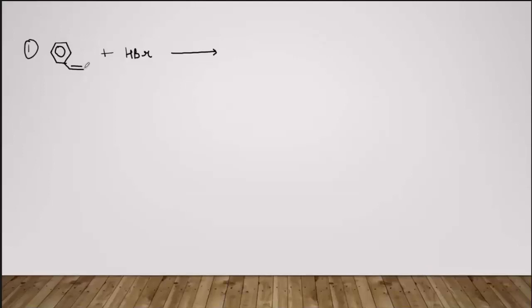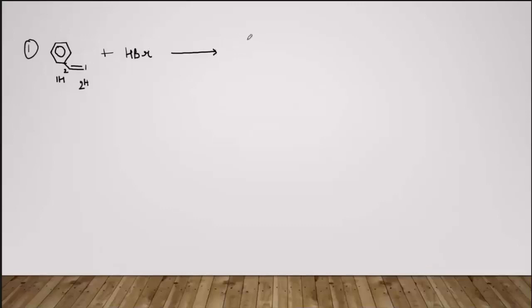This carbon, number 1, will have two hydrogens, and this carbon number 2, because there are three bonds, will have only one hydrogen. So according to the Markovnikov's rule, the hydrogen will get attached to the first carbon and bromine to the second carbon.